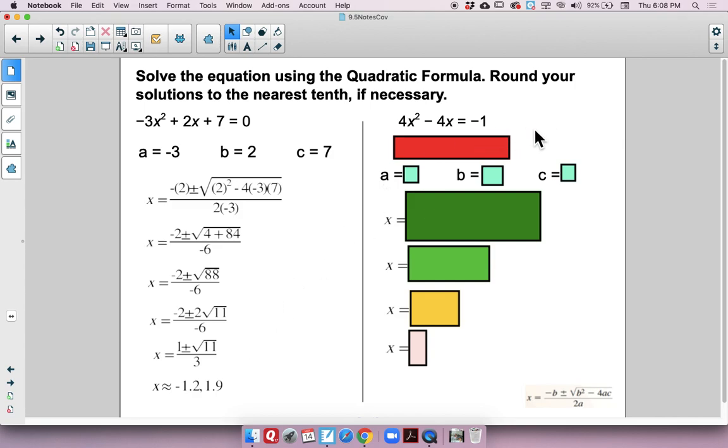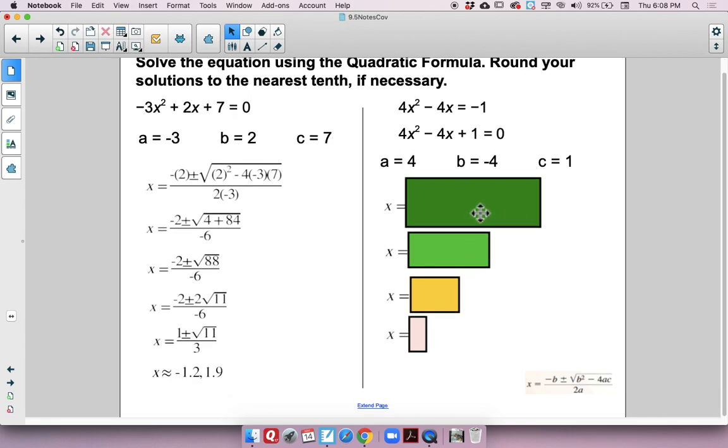All right, so on we go. What do you notice about this one? Hopefully you said it's not in standard form to start with. So go ahead and put it in standard form and then go from there. Okay, so hopefully you got A is 4, B is negative 4, C is 1. Plug into the quadratic formula.